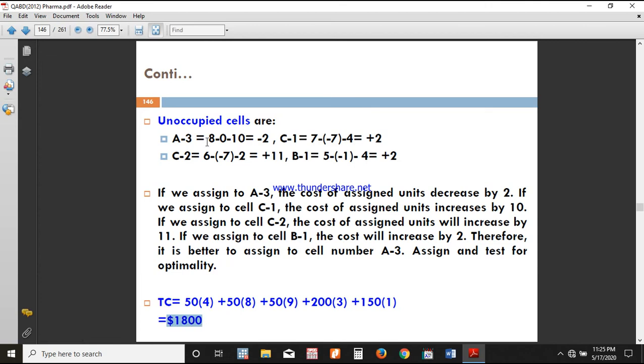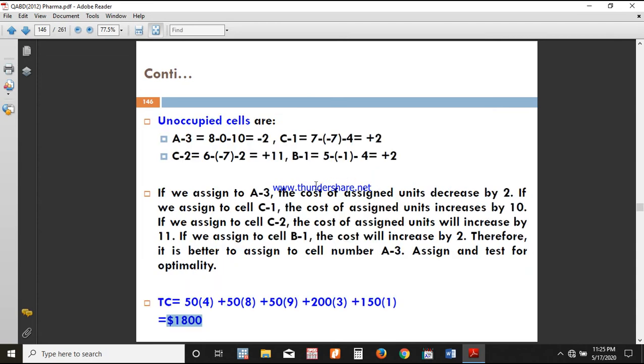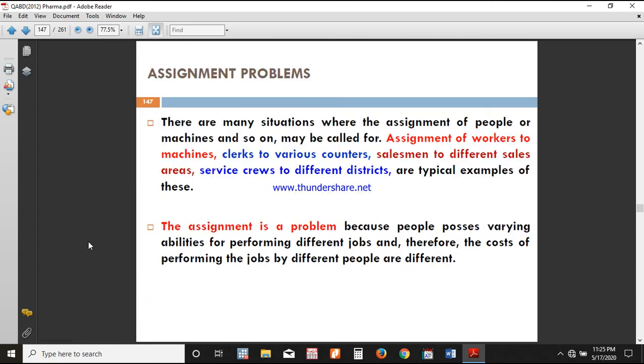Already we can see A3 has a negative value of minus 2, while C2, C1, and B1, all the remaining ones, have positive values. Therefore, the remodification will be undertaken in A3, and by undertaking the remodification steps, you can obtain this value of 1,800.